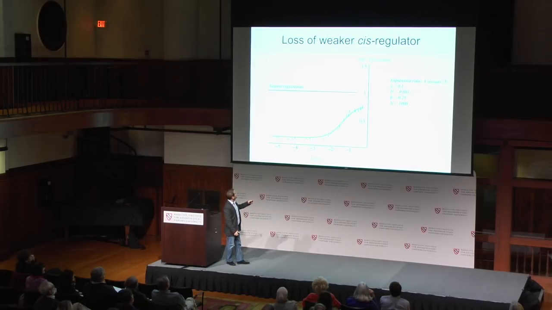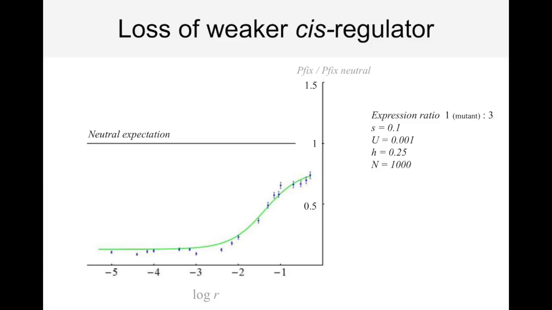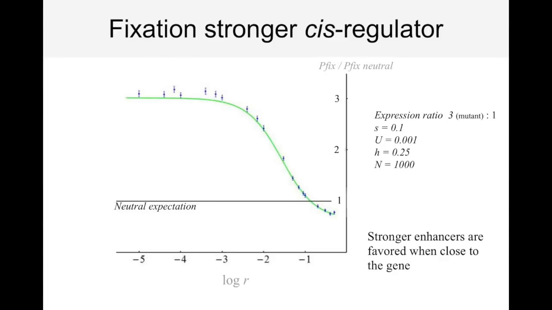So as you can see here, a weaker cis-regulator is always disfavored. In contrast, a stronger cis-regulator is always favored, except when it's too far away from the gene in terms of recombination here.